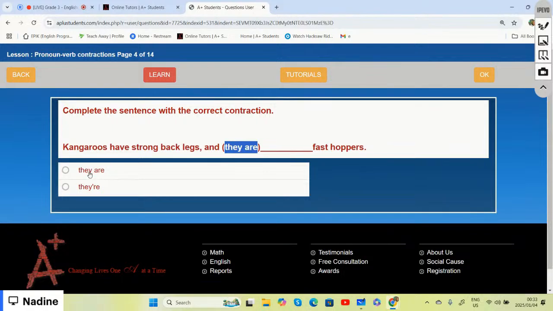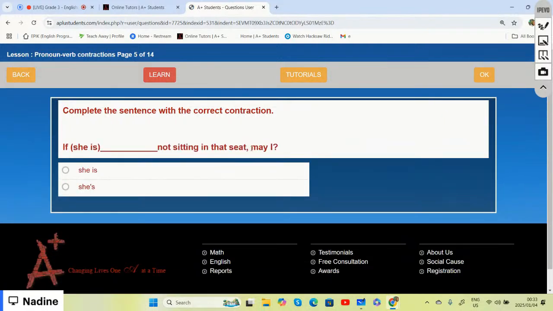Is it the first option, which is they are, or the second option, which is they're? Yes, and if we were to choose the correct option, then yes, well done. They're, which is the second option, is correct.